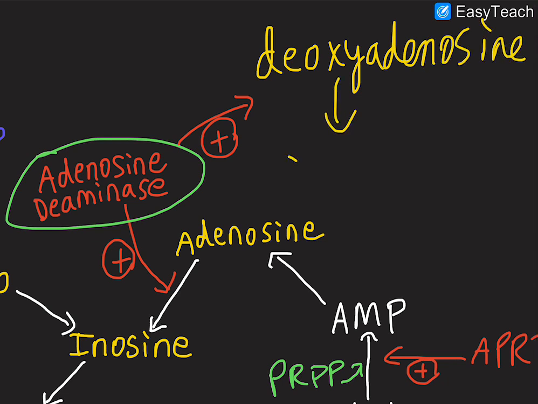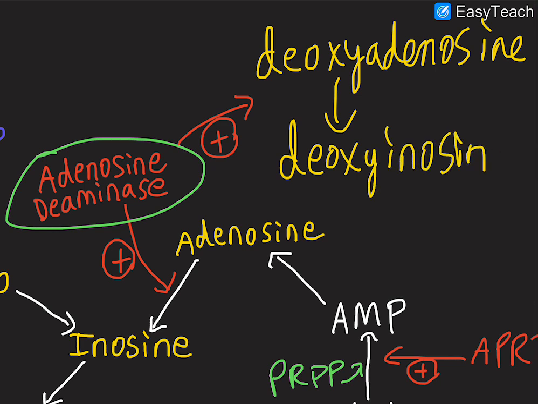So adenosine deaminase helps convert adenosine into inosine and deoxyadenosine into deoxyinosine.